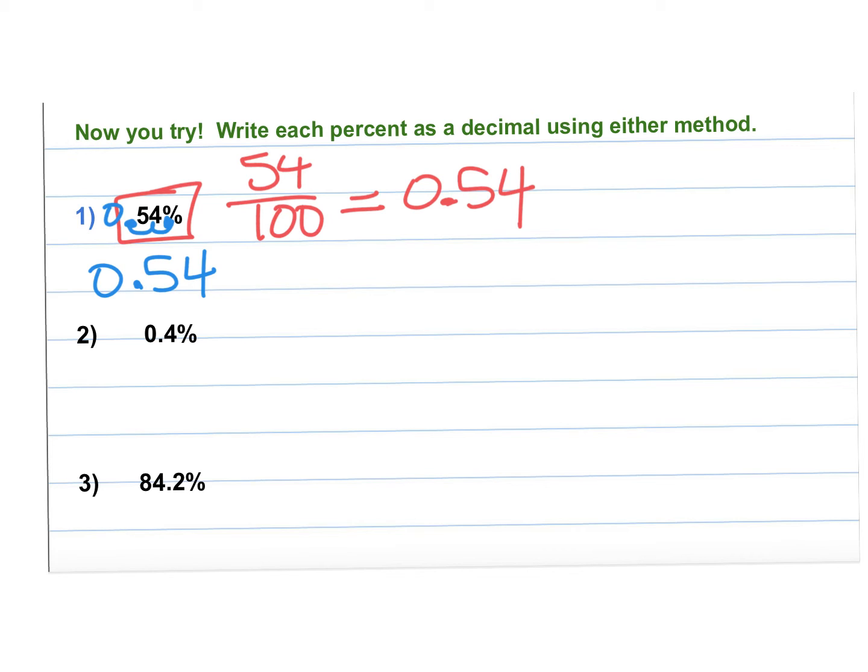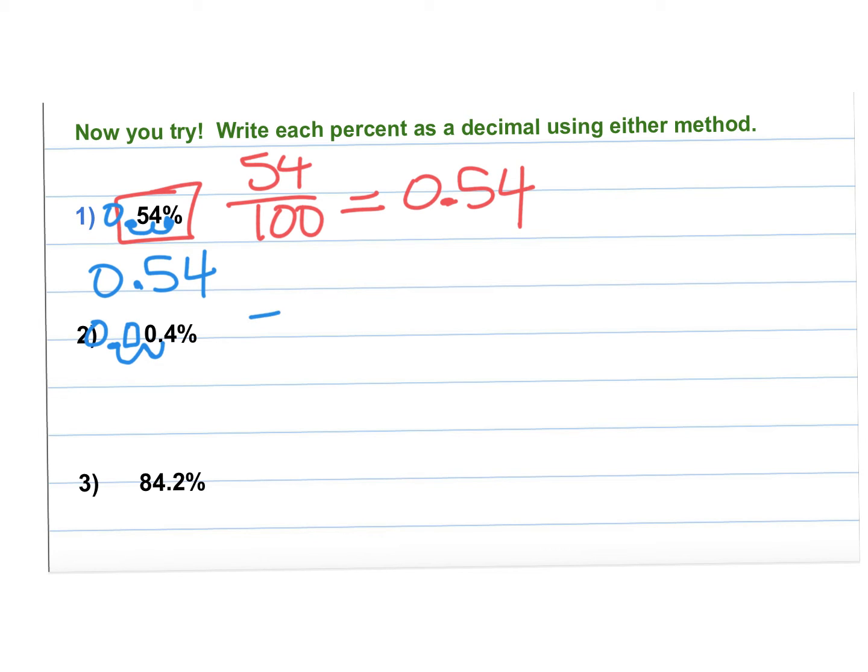So 4/10% is kind of tricky. If we just use the method where we move the decimal 2 to the left, I'm going to start where my decimal is and go 1, 2. I have to be really careful to actually move it 2 spots. If there's not 2 spots to move, then I add a 0 in front.